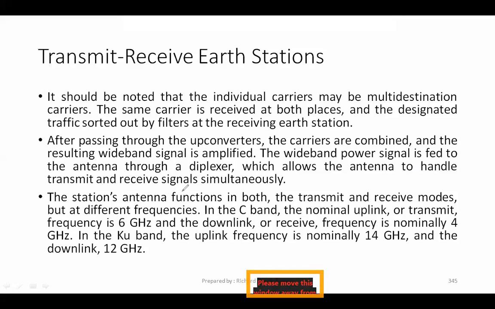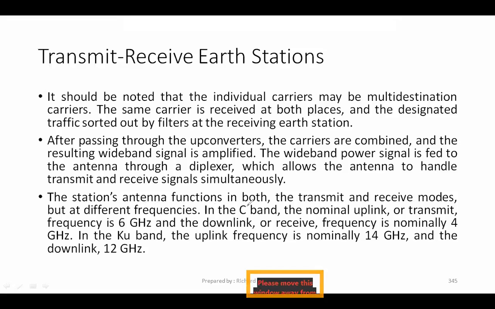Because once we are designing a satellite, the weight ratio also comes into the picture. We should make sure these are very light in nature, so it's very helpful to design systems which can give us multi-purpose functionalities.